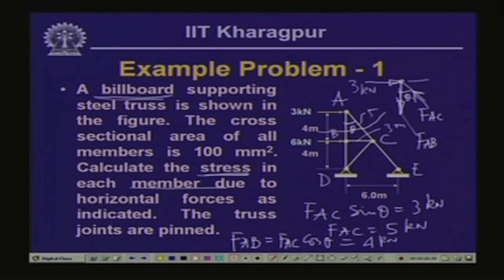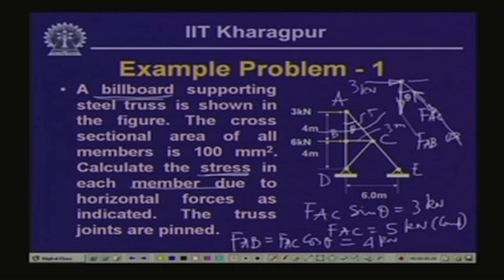Now, if we look into the direction of the forces as we have assumed over here, this is the force in the joint. So, the member is subjected to a force like this, which is compressive in nature. So, the member AC will be subjected to a compressive force.